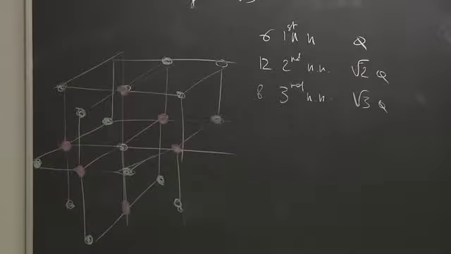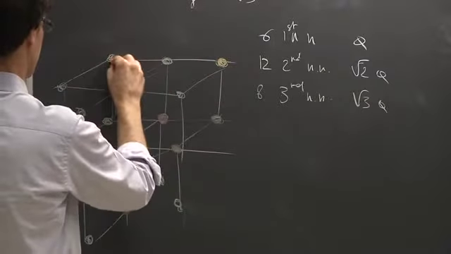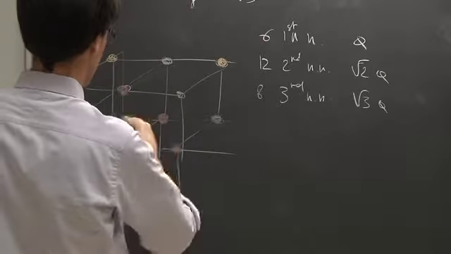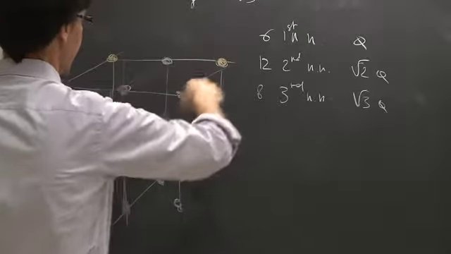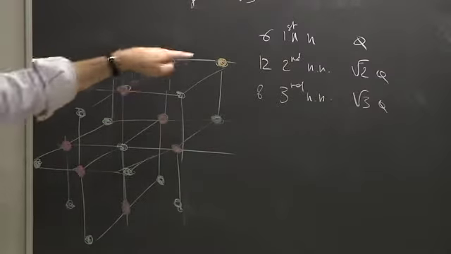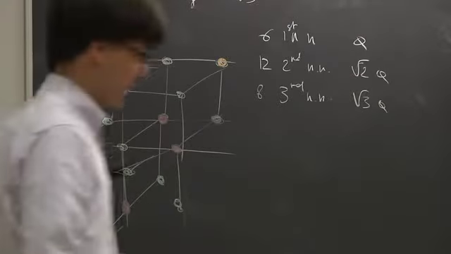These are all the points, let me use the orange, located at the corners of the big cube of side 2A. There are 8 of them. There are 8 corners in a cube, obviously. And then I can proceed further.